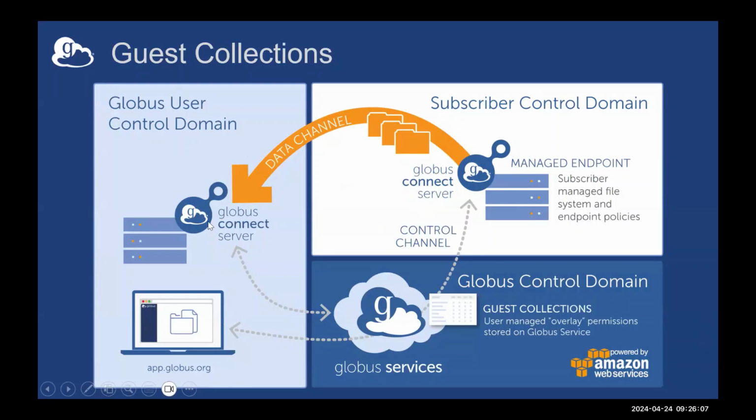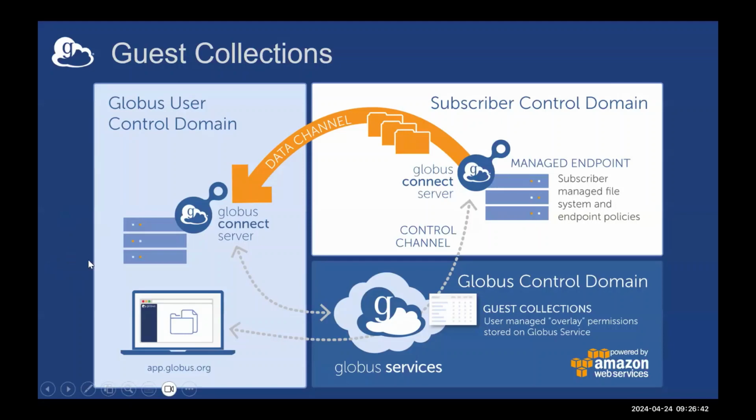I need to share it with a collaborator, who doesn't have an account on the institutional storage system at my university, but I tell Globus that, by the power vested in me, I am granting that permission to my collaborator. And so when the collaborator comes into my guest collection, they only see what I allowed them to see, and they only see it if I allowed them to see it, and then they transfer it.